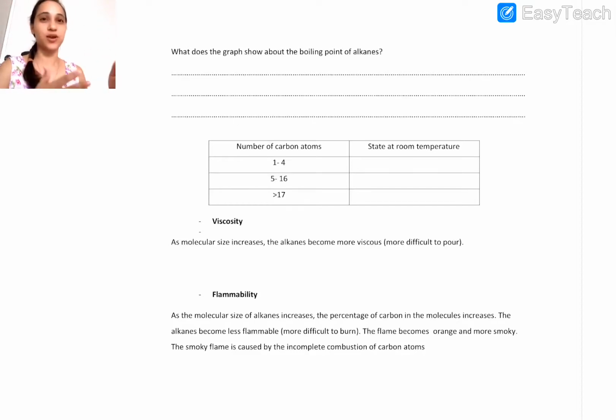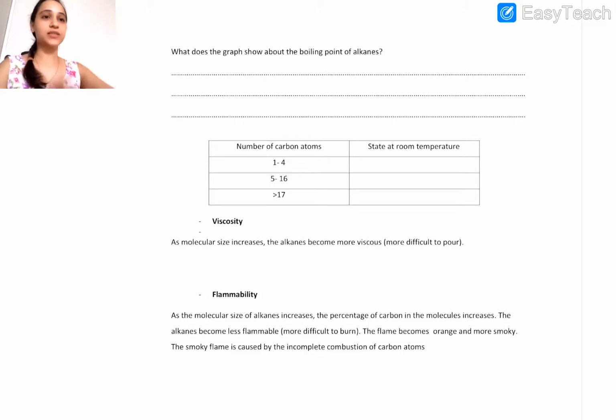There is no need for you to memorize the boiling points of these alkanes, but the examiner could give you a series of boiling points and ask you to predict the boiling point of another alkane. So what does it show? It shows that as the number of carbons increases, the boiling point is going to increase.